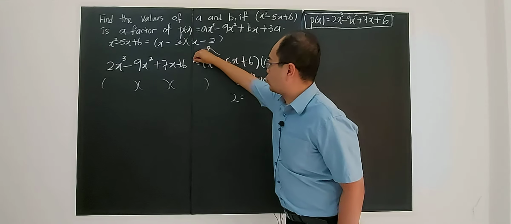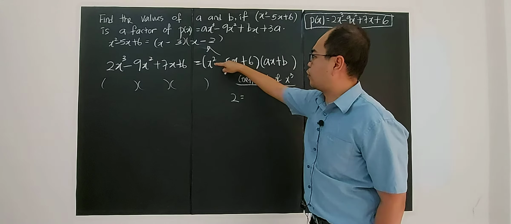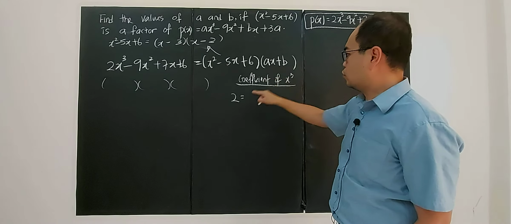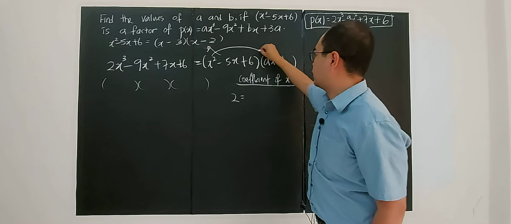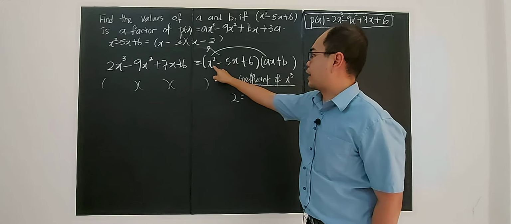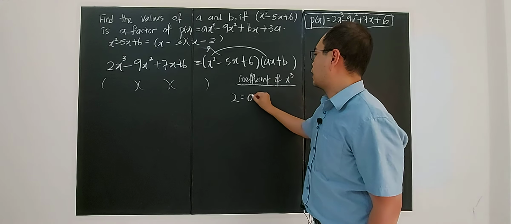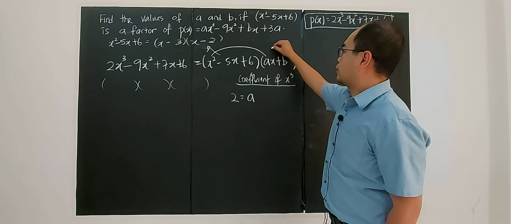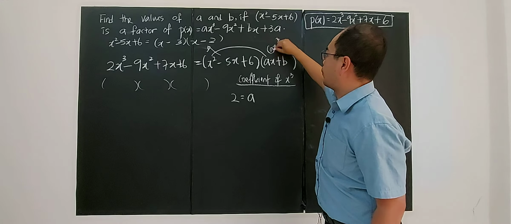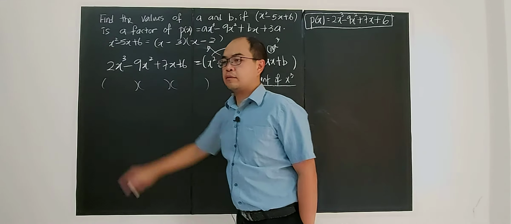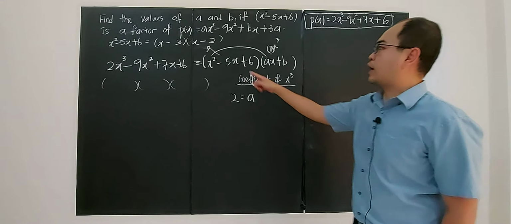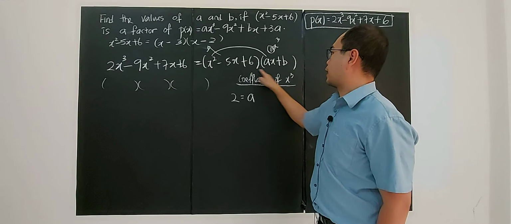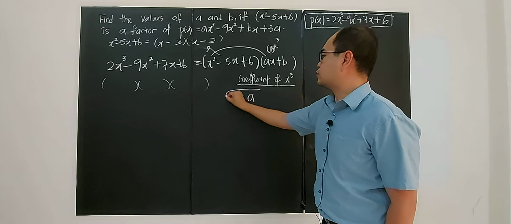So since this is equal, it means that the coefficient here for x cubed also will be 2. So if you see ax and x squared, you are getting ax cubed, right? If you expand, you have ax cubed. So you can compare the a to 2 here, right? To 2, because there are no other terms that you can get x cubed. So therefore a is 2.